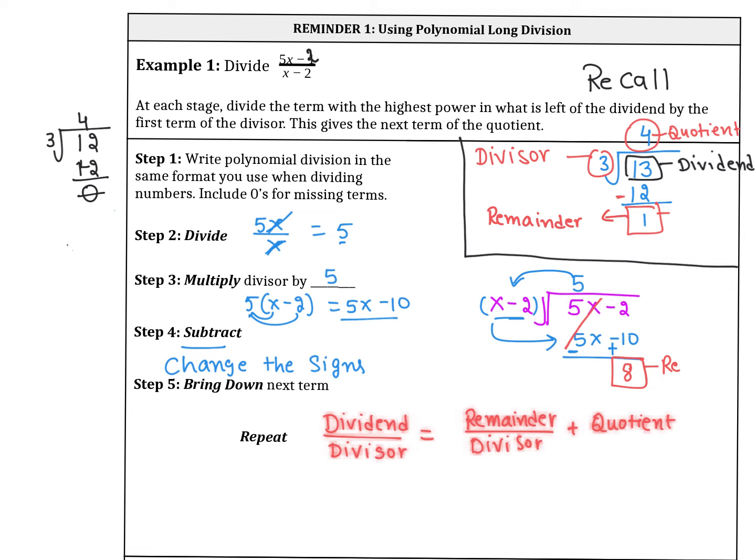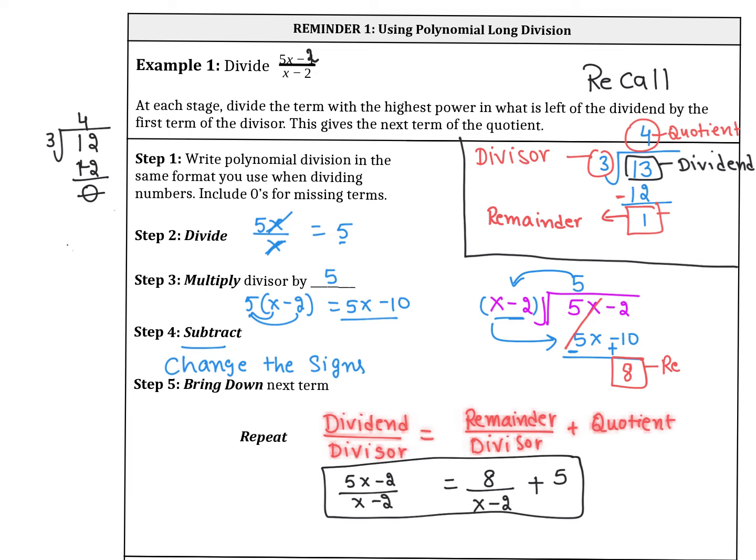So what is remainder? Remainder is 8. Divisor is x minus 2, plus quotient. Quotient is 5. That is the answer of the dividend divided by divisor. So dividend was 5x minus 2 over x minus 2.